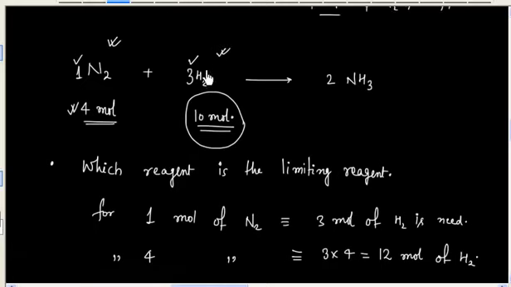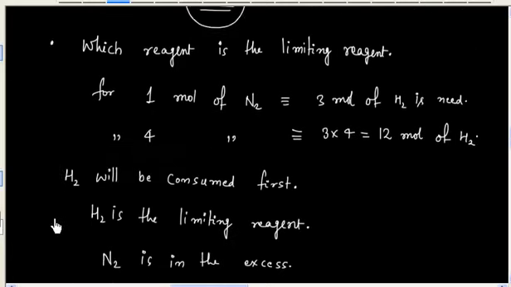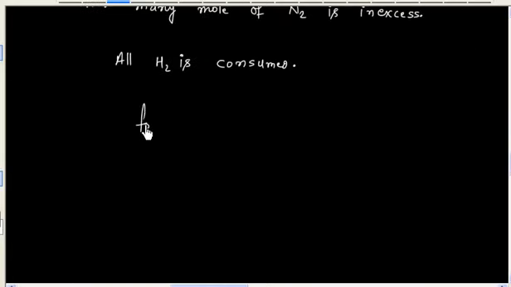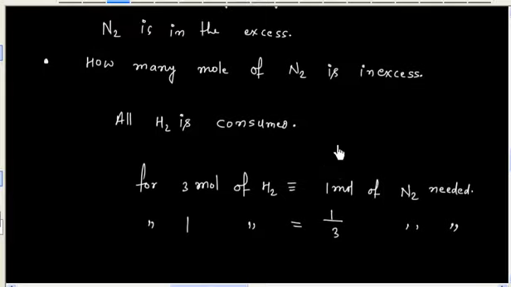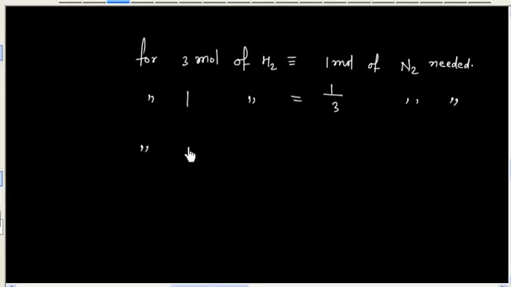So for 3 mole of hydrogen, 1 mole of nitrogen is needed. So for 1 mole of hydrogen, 1 by 3 mole of nitrogen is needed. And we have been given 10 mole of hydrogen. So we require 10 by 3 mole of nitrogen.